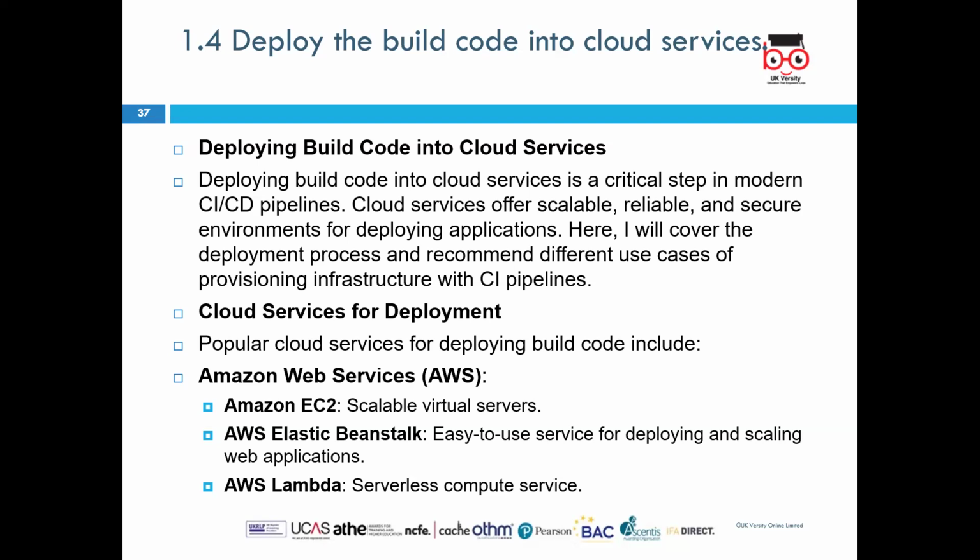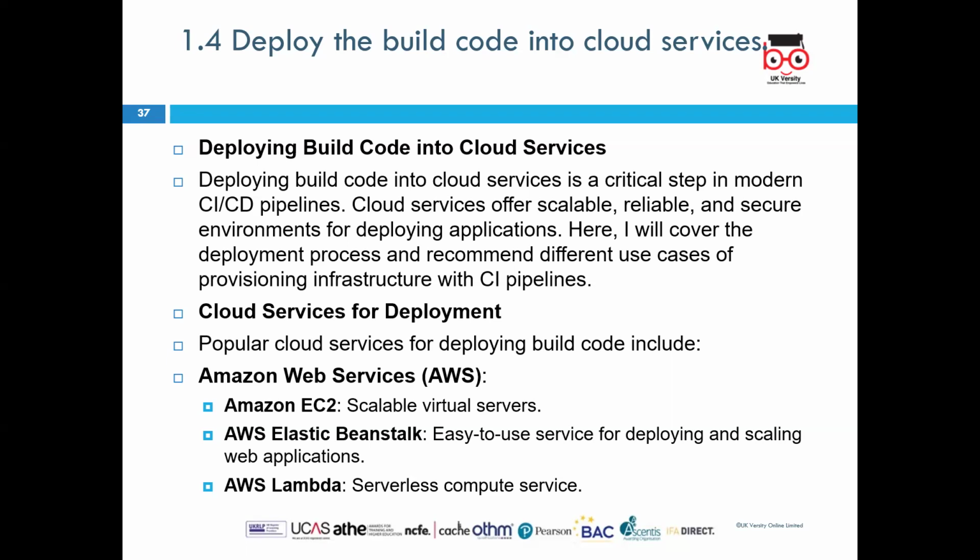And our cloud services, as we mentioned, the popular one is Amazon Web Services, where we have Amazon EC2, which is a scalable virtual server. Then we have AWS Elastic Beanstalk, which is an easy to use service to deploy and scale web applications.